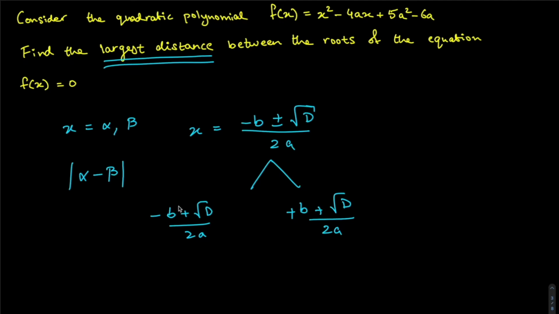So −b and +b will cancel, and we're going to have 2√D / 2a. The 2 and 2 will cancel, so we're going to have √D / a.